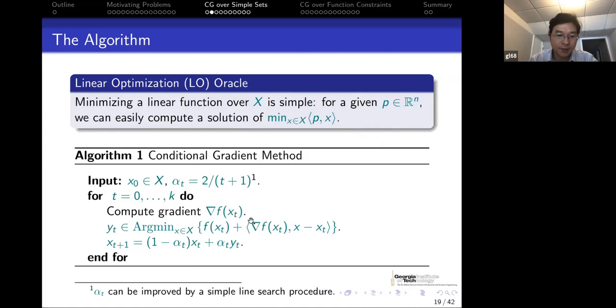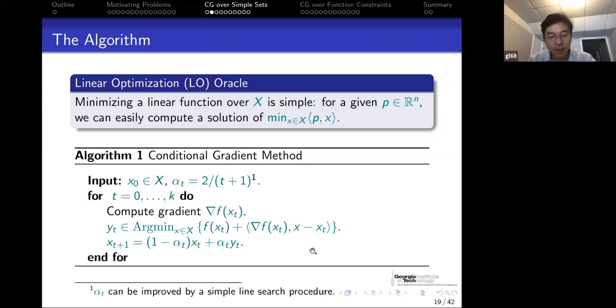In each iteration, we first compute the gradient at the search point xt, and then we minimize the linear approximation of the objective function over the set capital X, and then we do a convex combination between the previous search point xt and the current solution yt of the linear optimization problem.